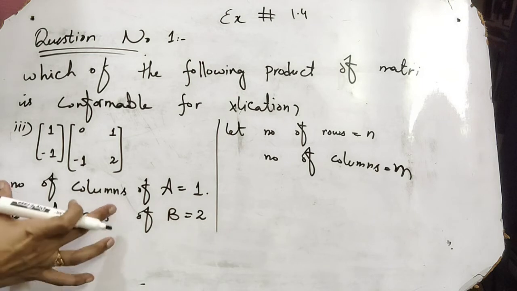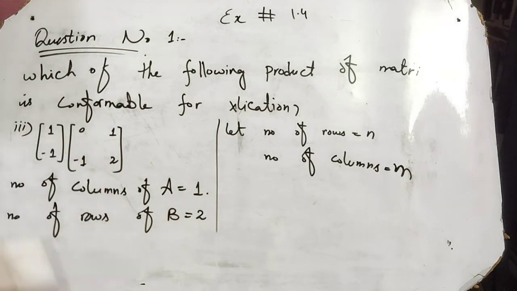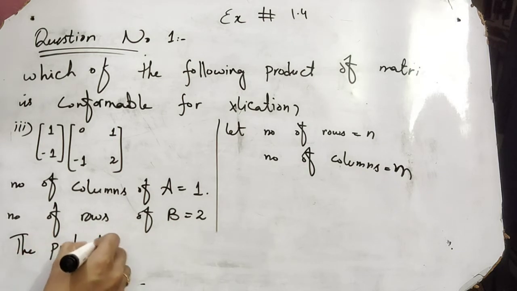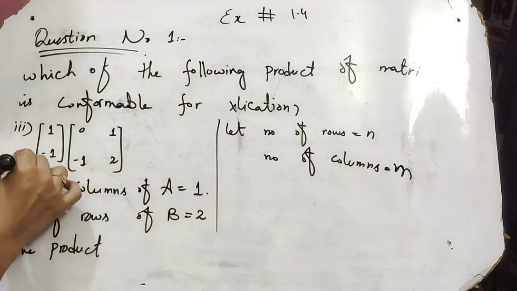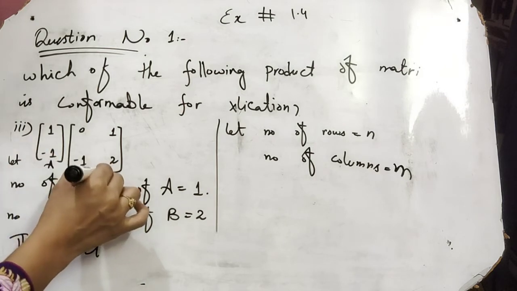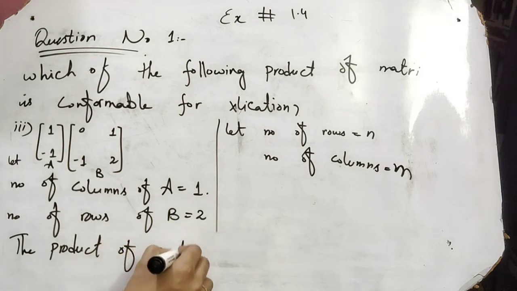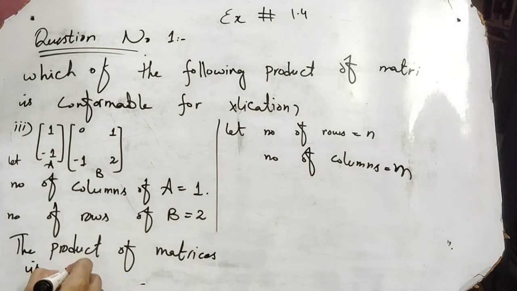So the number of columns and number of rows are not equal. Let this be A and this be B, so we can say the product of matrices is not conformable.